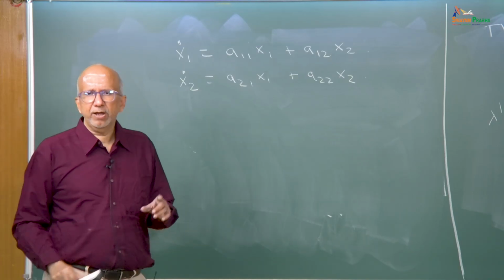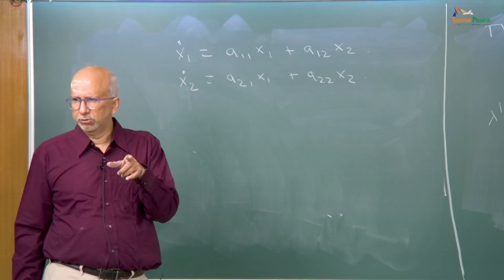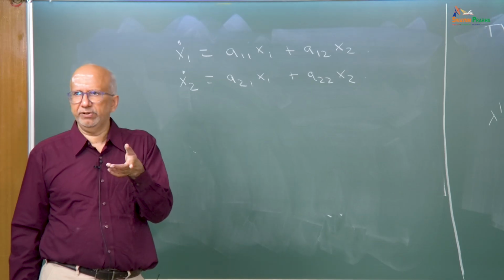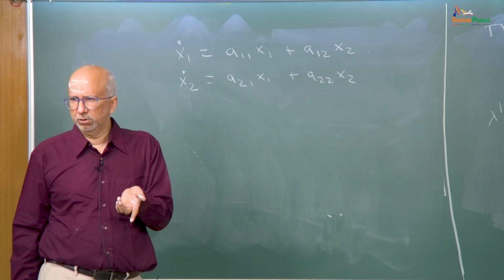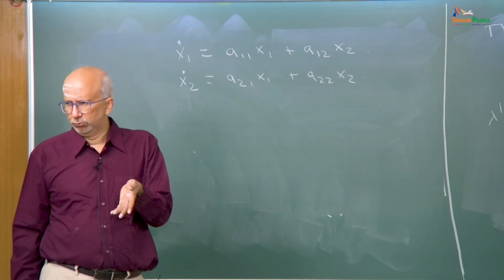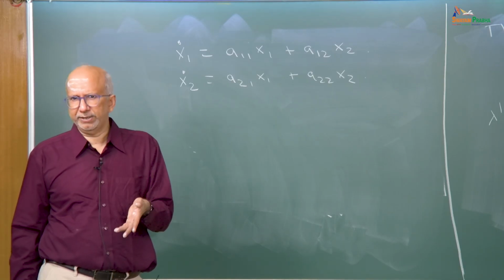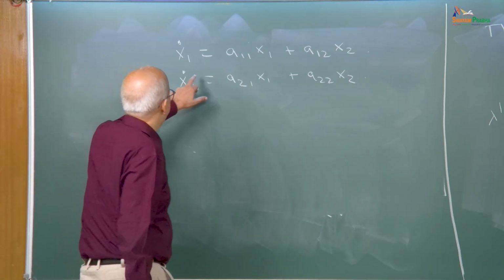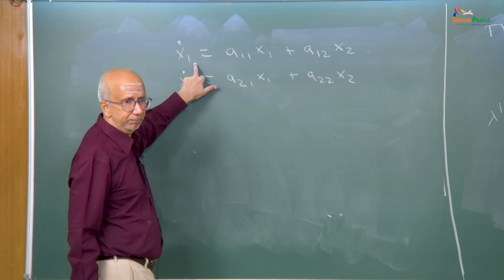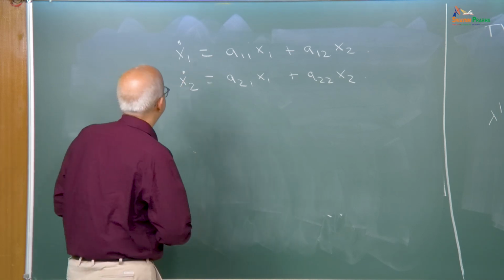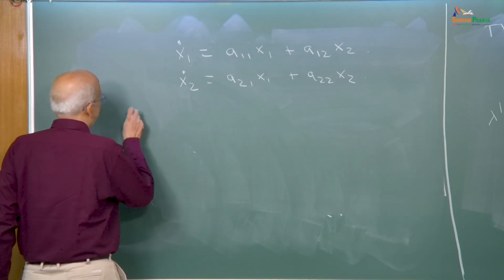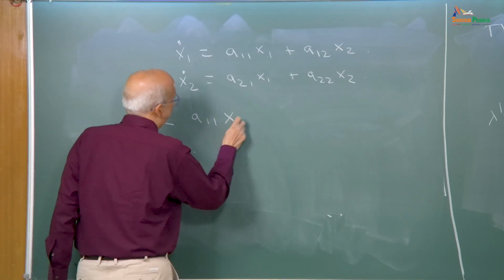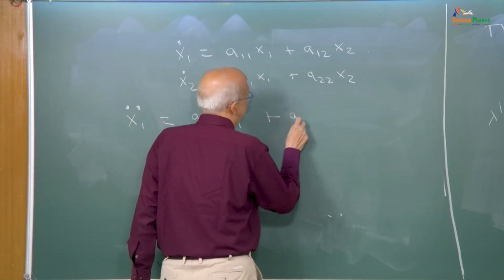Now, instead of having 2 equations in 2 unknowns, one for x1, one for x2, I want to see if I can write it as 1 equation in 1 unknown. That is, I have to eliminate x2. Is it possible to do that? So, I am going to differentiate this first equation with respect to time, I get x1 double dot equals A11 x1 dot plus A12 x2 dot.